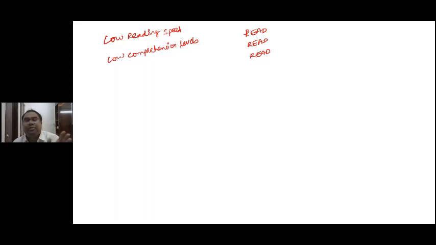Apart from your textbooks, you need to start reading a few additional things. Anyways, I'll give you the reference books after this, once I have completed this English section. But friends, you have to be very careful. One thing, read the newspaper without fail. This is one thing you have to do. When I say newspaper, I mean an English newspaper, The Hindu or Times of India, any one paper you have to read without fail.